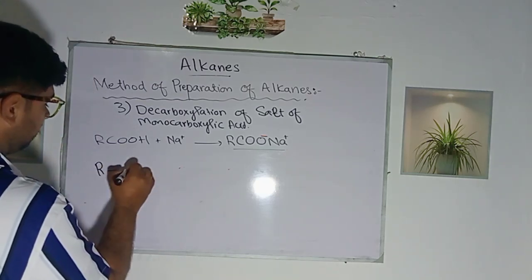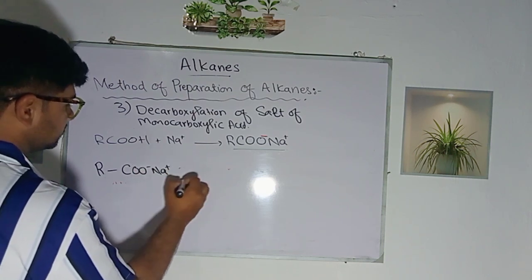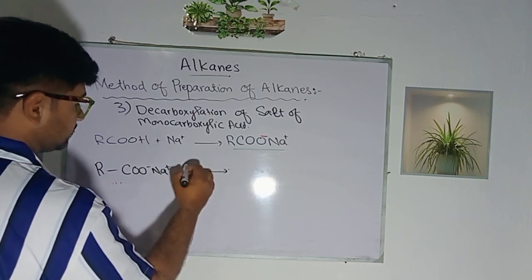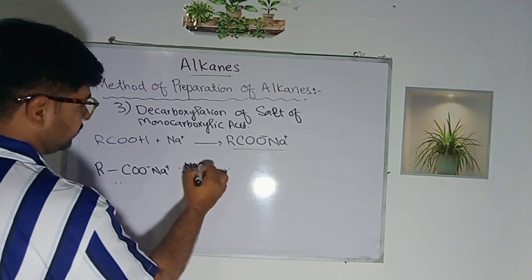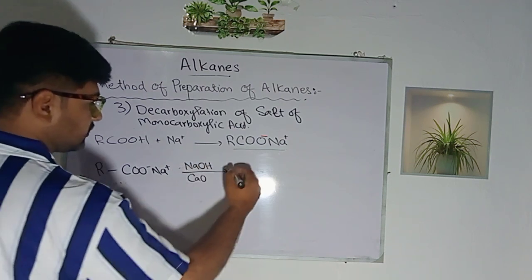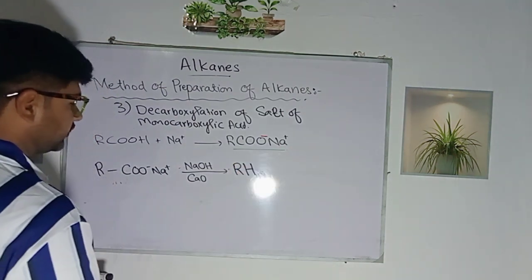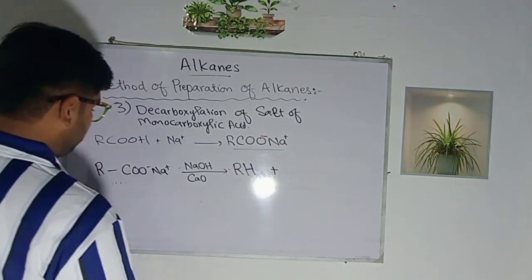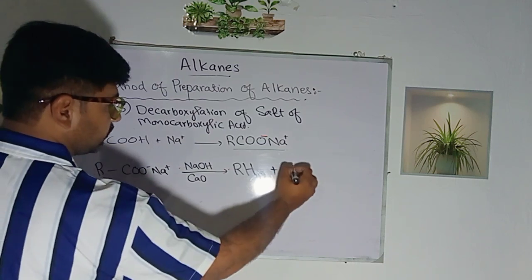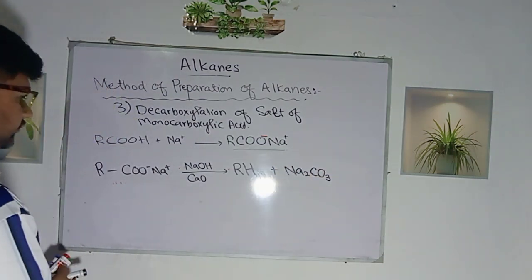For example, R single bond C double bond O, O- Na+ in the presence of sodium hydroxide and calcium oxide are combined with H to give rise to alkane, and we get sodium carbonate Na2CO3.